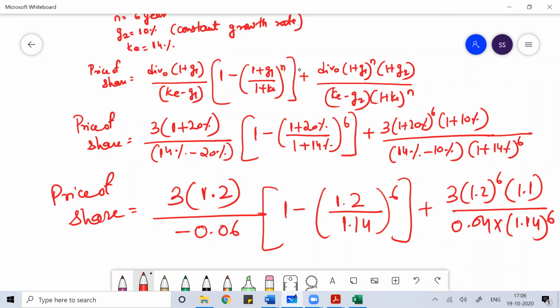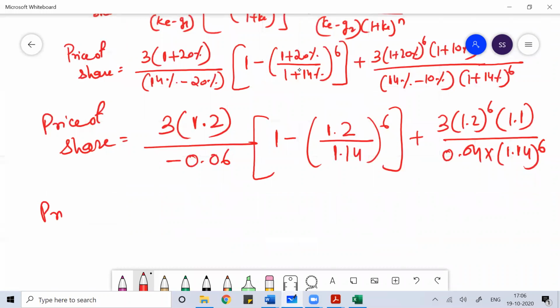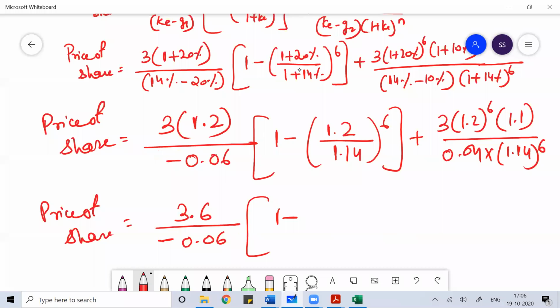So now 3 into 1.2, 3s are 36, divided by minus 0.06, 1 minus 1.2 divided by 1.14, that is 1.05263 to the power 6, plus 3 into this to the power 6.